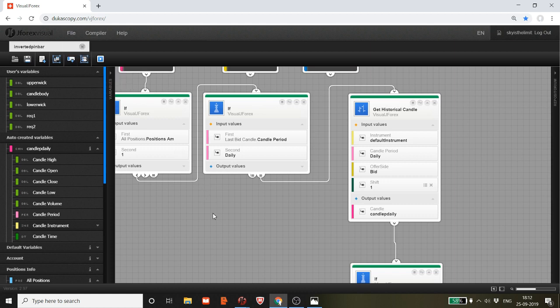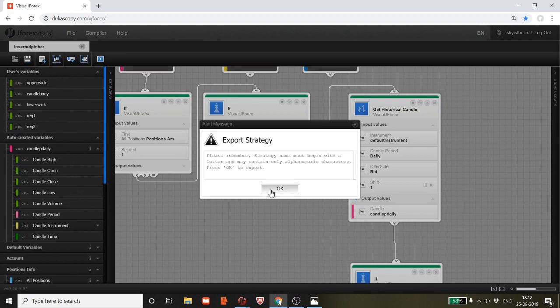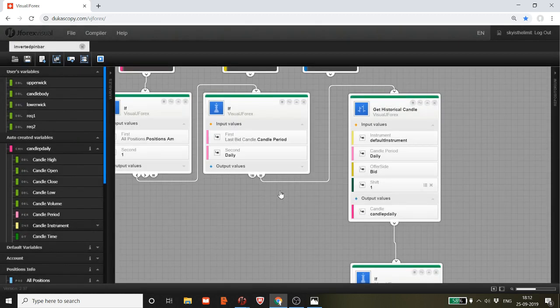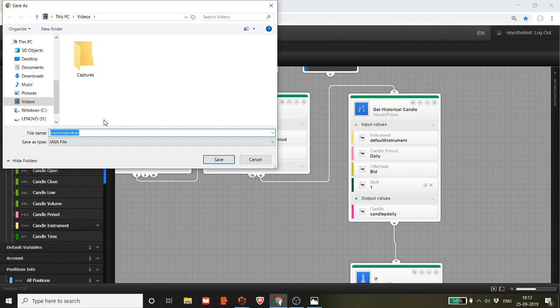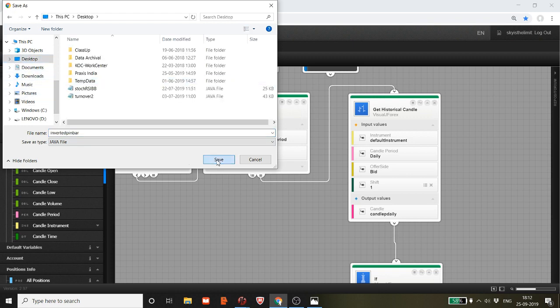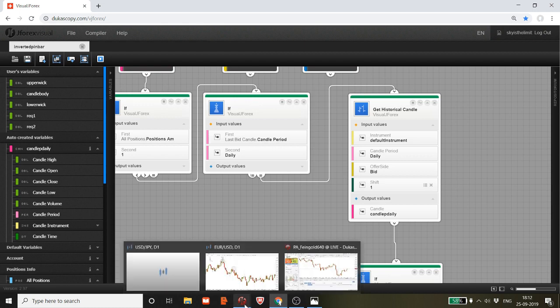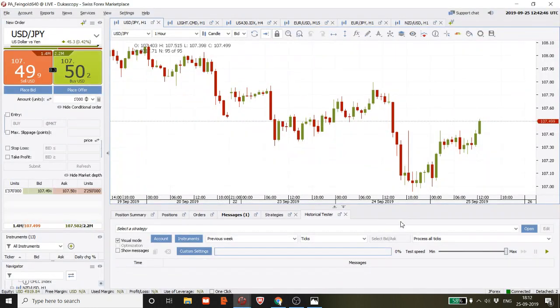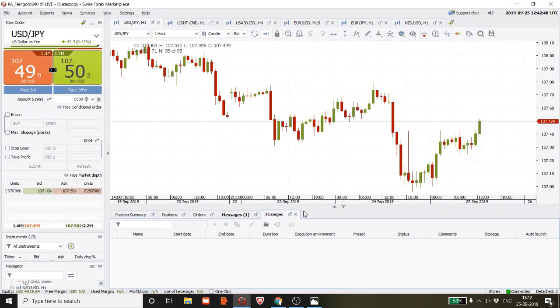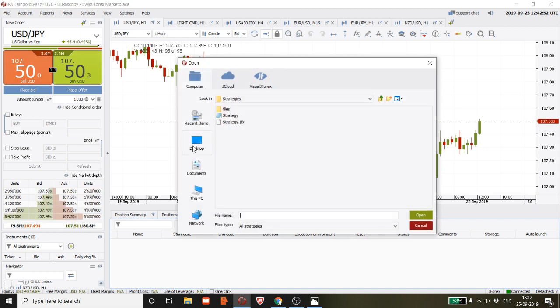Export it in a Java format. And then desktop, I will save it there. And next step is to import the strategy in the JForex. Inverted pin bar.